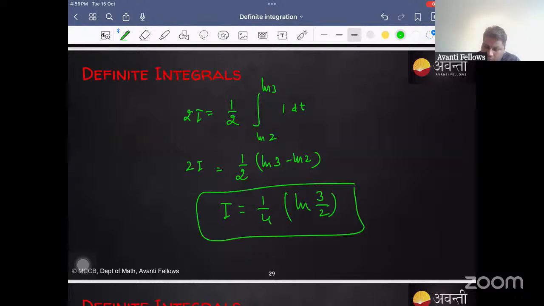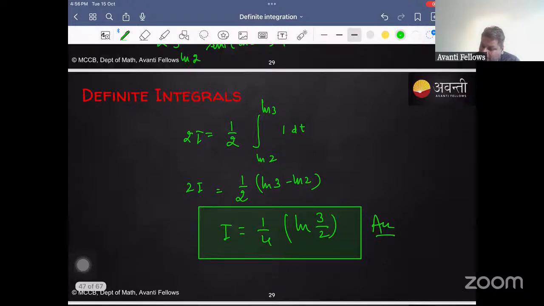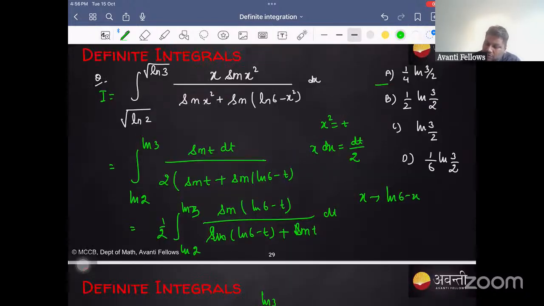This is going to be your answer. Am I correct? So 1/4 of ln 3 by 2. This question was in JEE 2011 Advanced. Got it? And it was also an easy question.